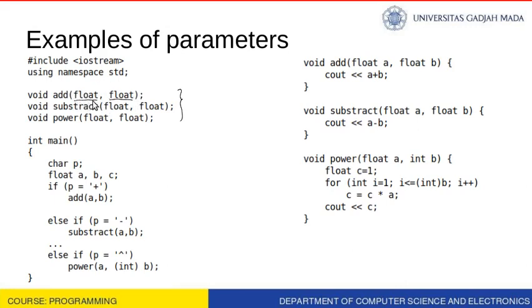When you have the function prototype, you just need to mention the data type of those parameters. Then in the detail of the function, you have to give the variable names of the parameters, and the number should be the same. So if you have two parameters, then the prototype should also have 2.